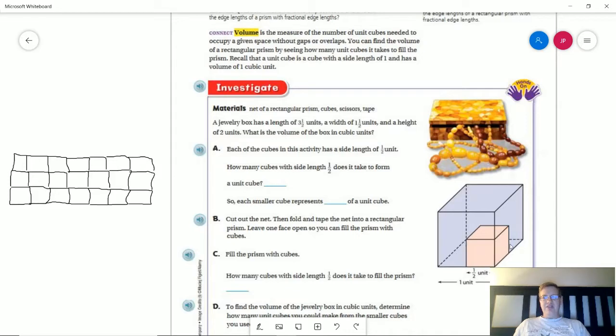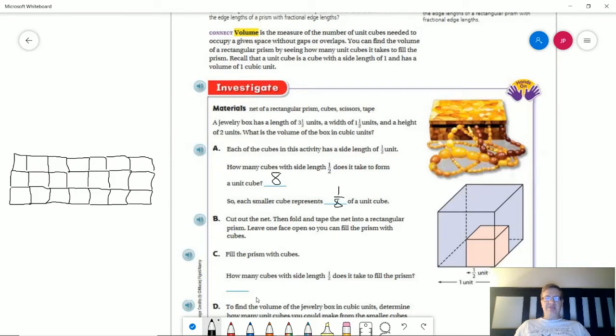So we could fit 4 of those to get half of the unit block filled up, and then another 4 stacked on top to finish that. So we would use 8 for each one full unit cube. And so each smaller cube is going to represent 1/8.